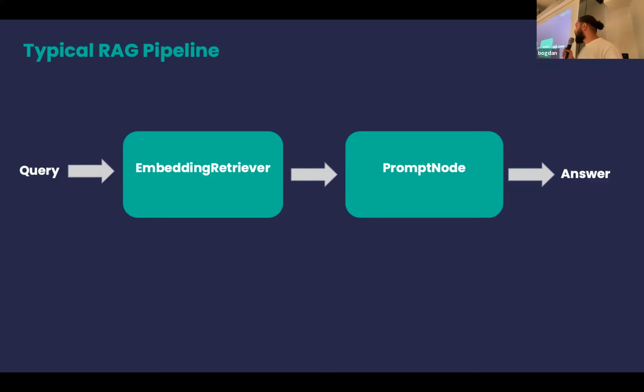But this could also be exchanged with some keyword-based retrieval like BM25. This embedding retriever produces a set of relevant documents that might answer the query. The query and the retrieved documents are then sent together to our prompt node. The prompt node is what powers these large language models, and this prompt node then generates our answer.